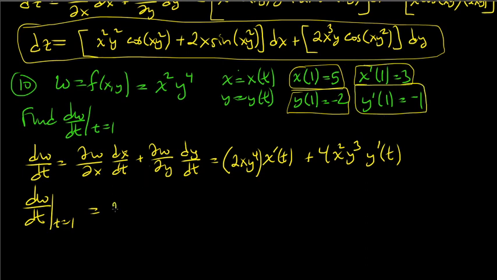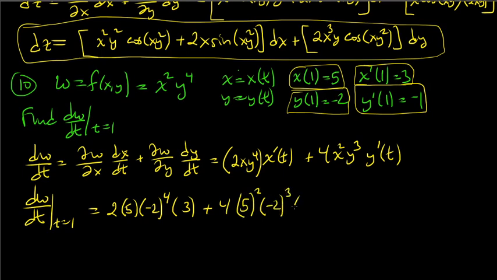So plugging in all the numbers, we get 2 times 5 times -2 to the 4th times 3 plus 4 times x squared is 5 squared, right? Times -2 cubed times -1.